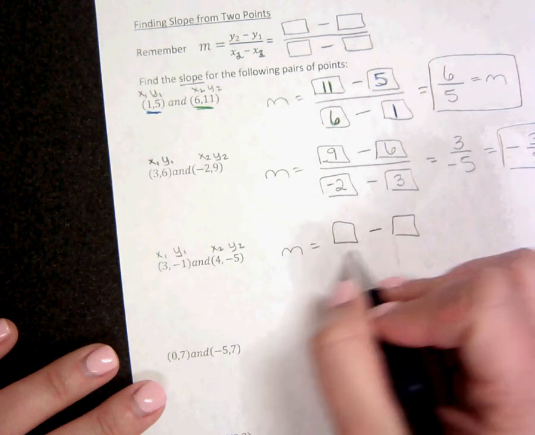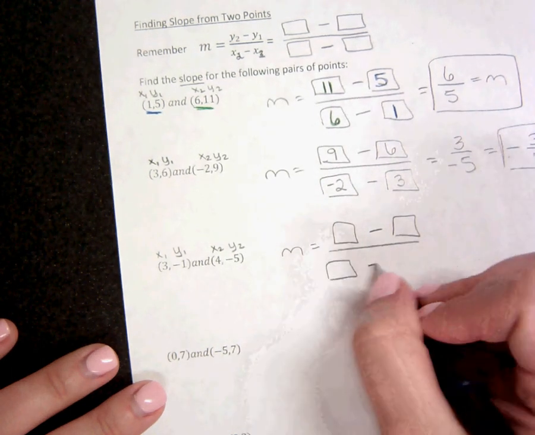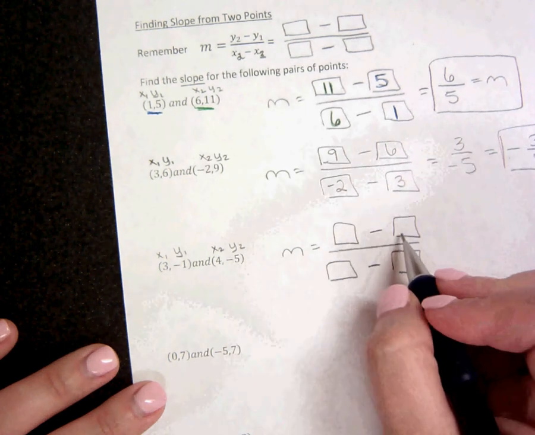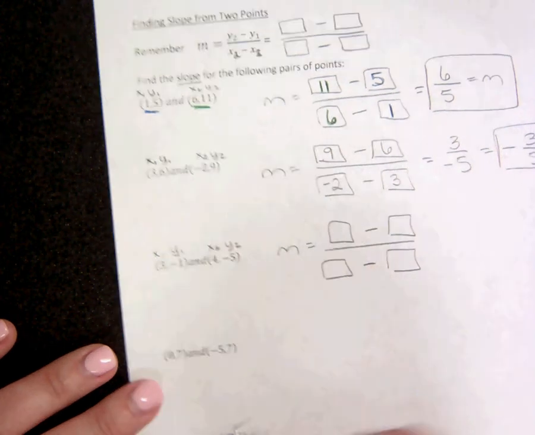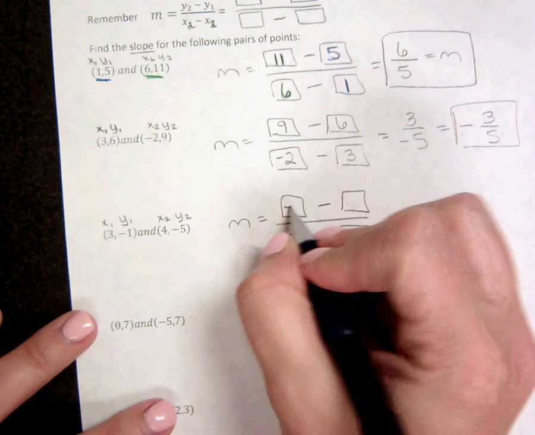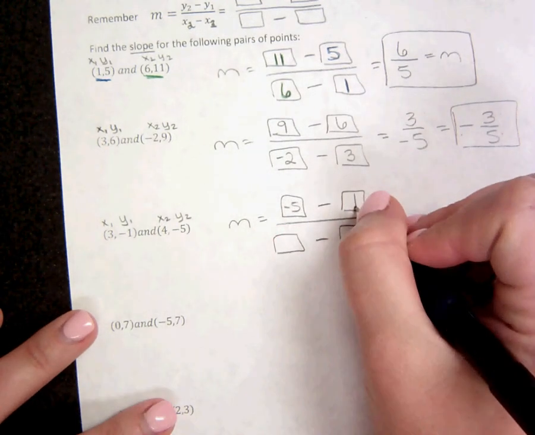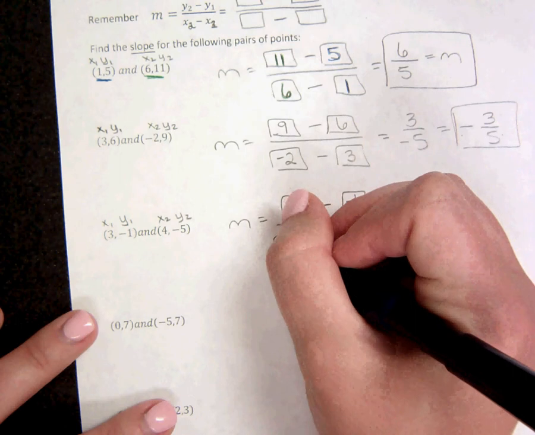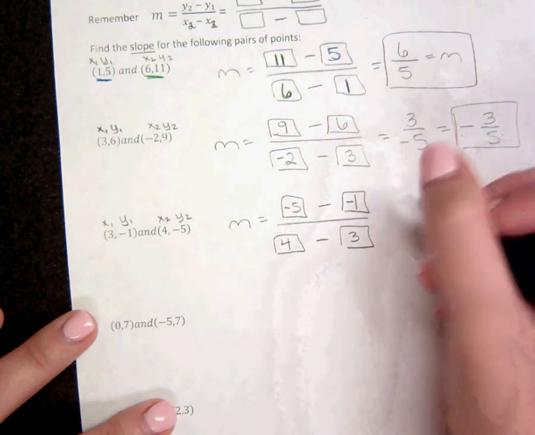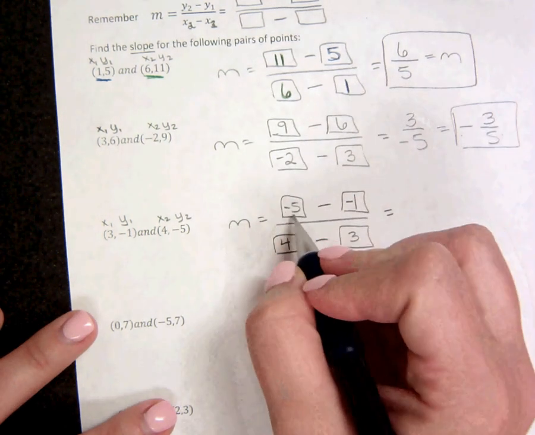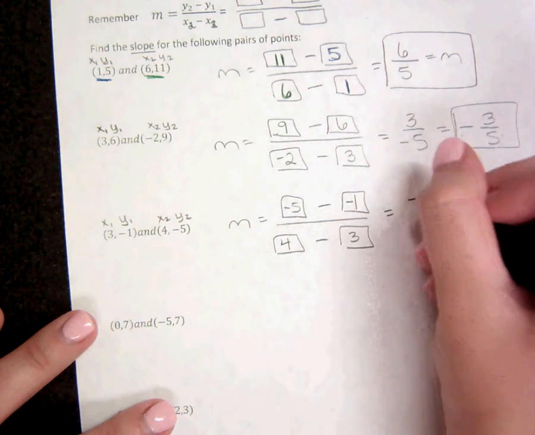Boxes are good structure. Here's a couple of negatives where, again, it helps to have those boxes to separate your negative from your subtraction. So we have negative 5 minus negative 1 and positive 4 minus 3. Negative 5 minus negative 1 is negative 4.